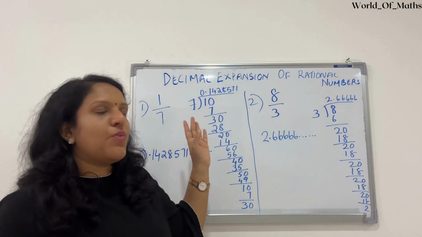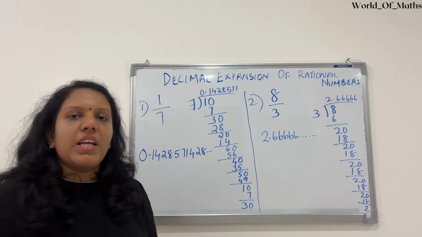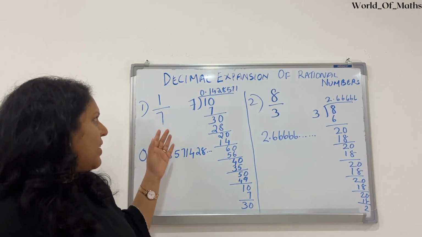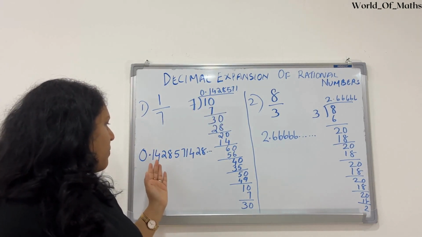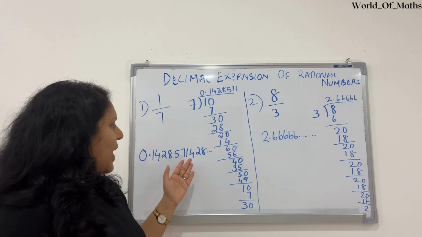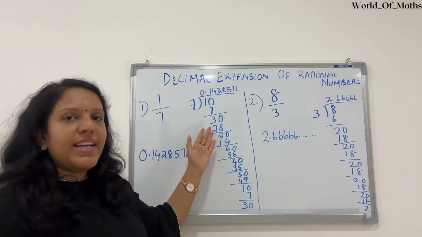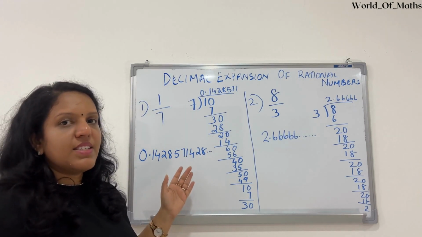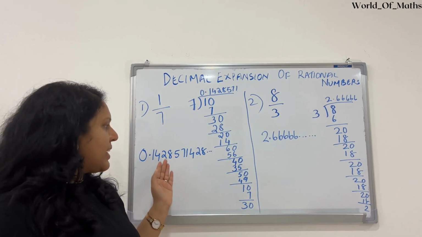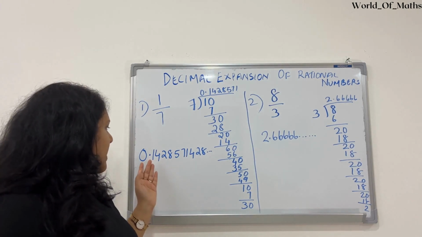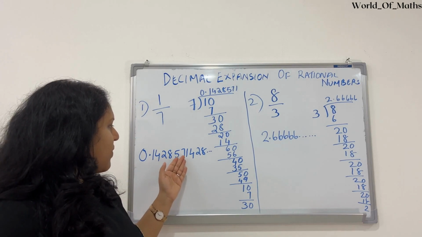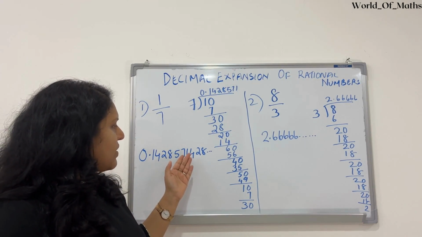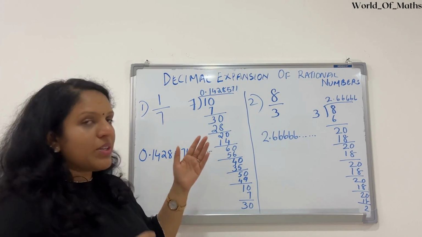The first one is 1 by 7. If we simplify 1 by 7, we will get 0.1428571428. It never ends. It is non-terminating. And we can see it repeats also. 0.142857, again it starts with 14285. It will repeat.